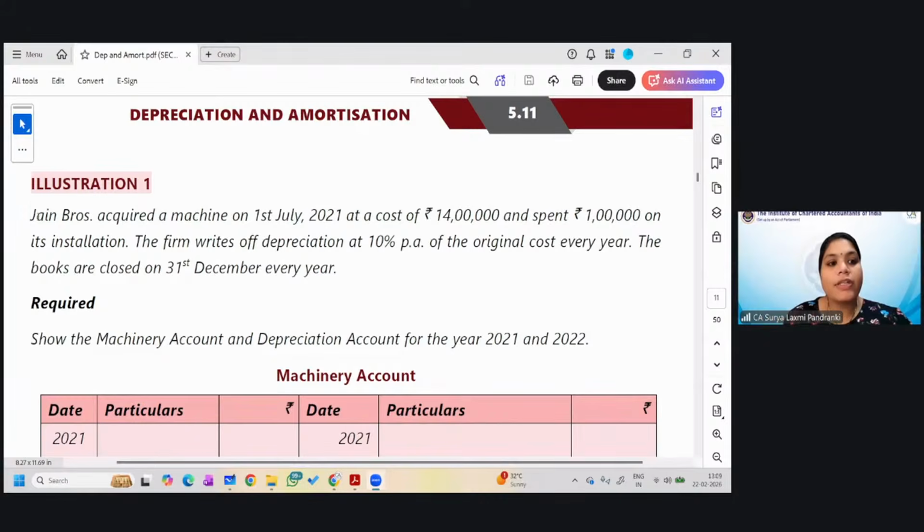So what is given in this question? Jane Bros acquired a machine on 1st July 2021 at a cost of 14 lakhs, right? They have purchased it for 14 lakhs and they have spent 1 lakh on its installation.